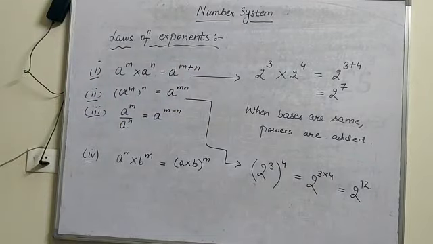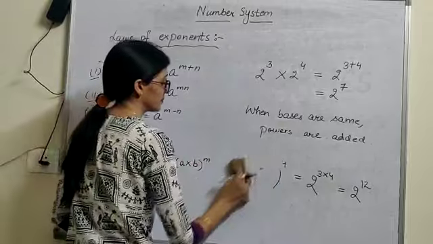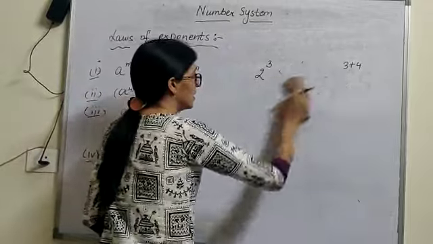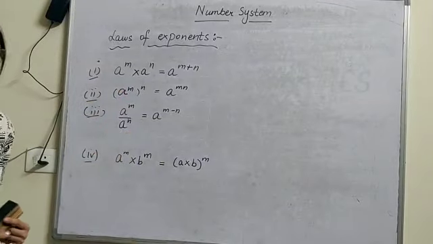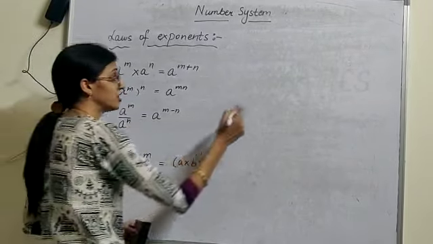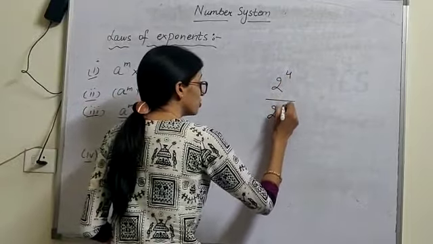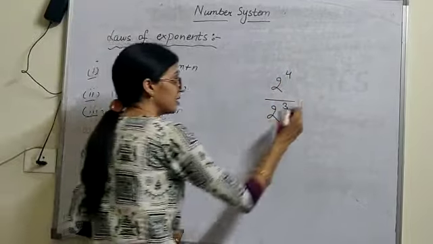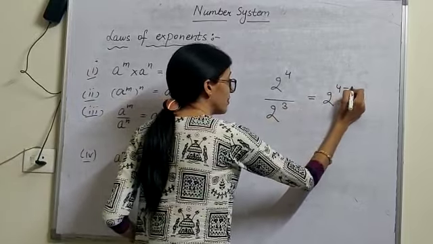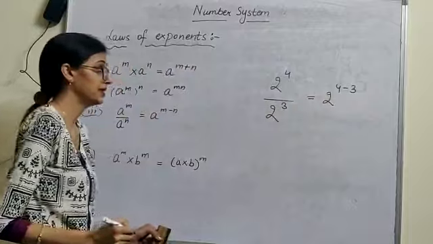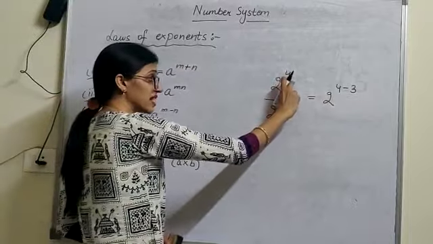Now the third one is, suppose you have two numbers with the same base in division, 2 raised to power 4 divided by 2 raised to power 3. We can write it as 2 raised to power 4 minus 3. Both the bases are same, only the powers are different.